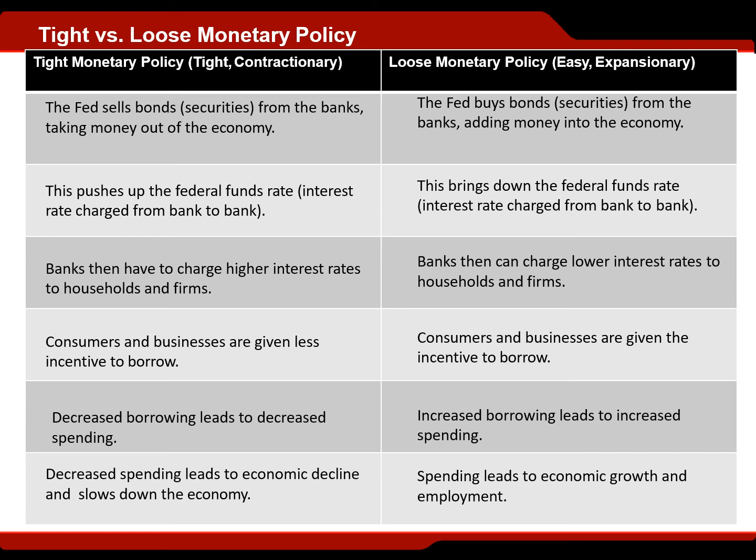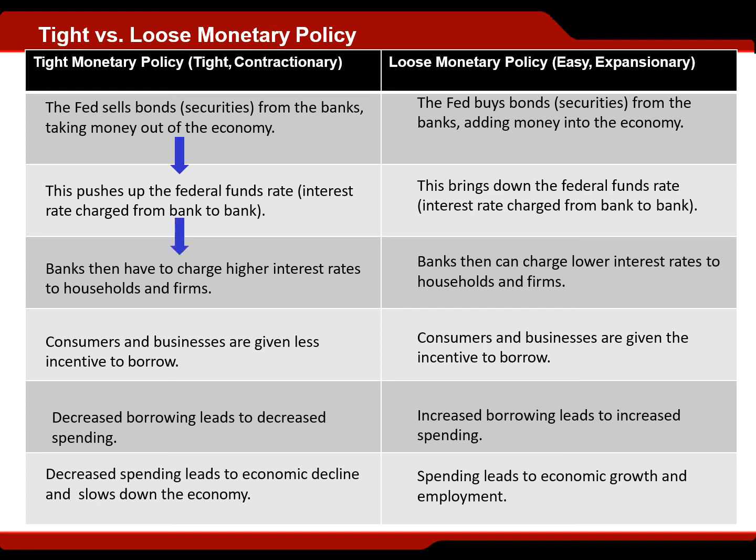Let's say we're going to do a tight monetary policy to try to slow down inflation. Well, the first thing that happens is the Fed sells bonds. All right. When they sell bonds to the banks, it takes money out of the economy. When there's less money in the economy, this pushes up the federal funds rate, in other words, the interest rate that banks charge each other.